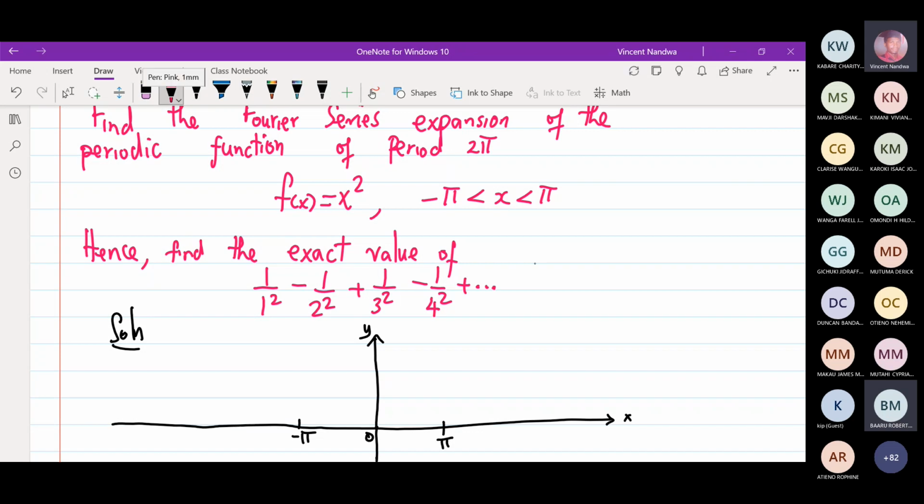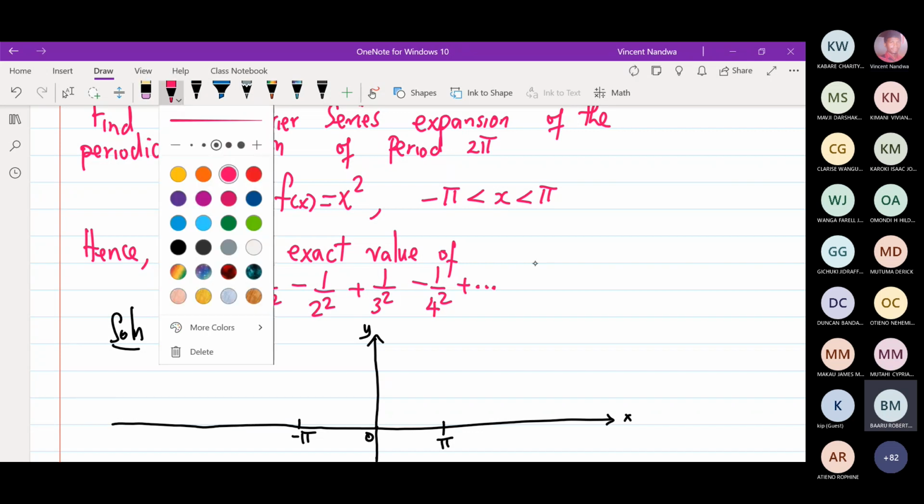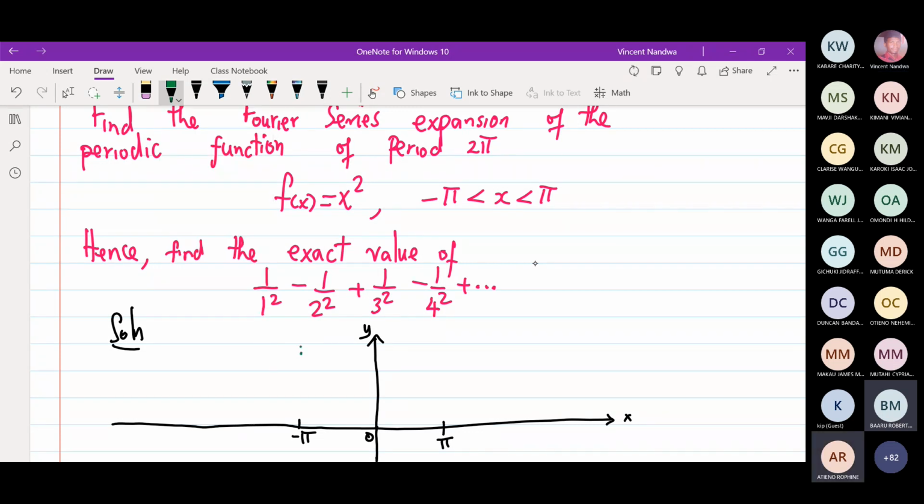If I put minus pi, the function becomes minus pi squared, pi squared. So let me say that pi squared is somewhere here. So I have a point here. And then when I put pi itself, I also get pi squared, okay?